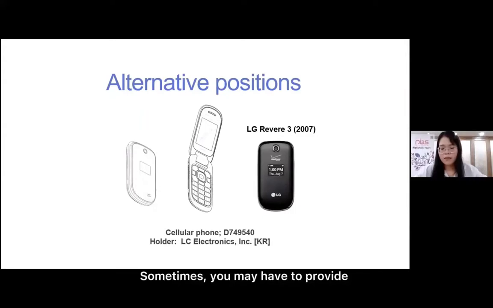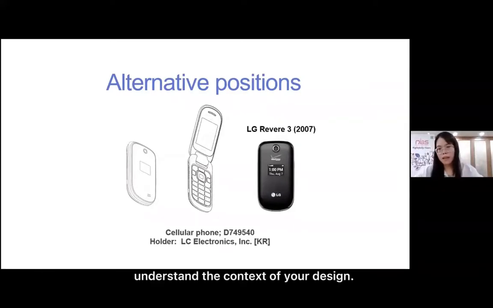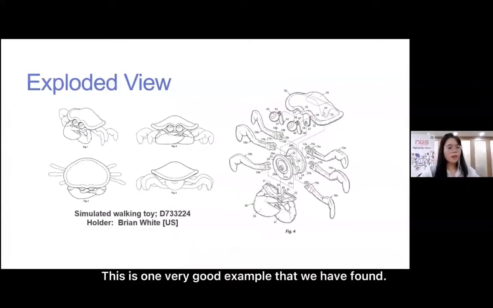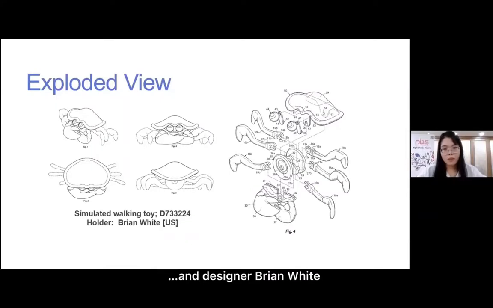Sometimes you may have to provide additional drawings, which we call drawings in alternative positions, to help the examiner understand the context of your design. This is one very good example that we have found. This toy was created and is owned by an American artist and designer, Brian White.